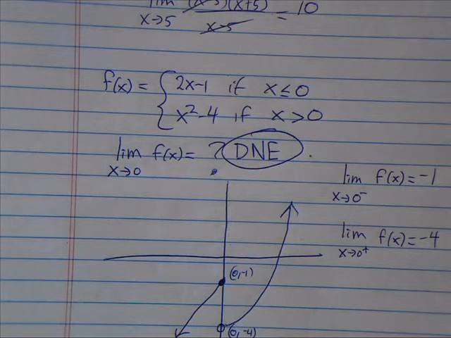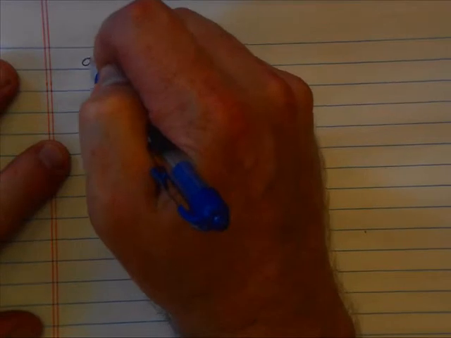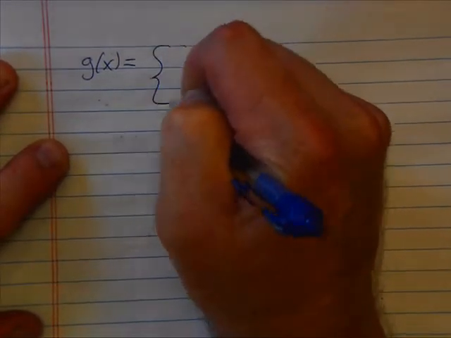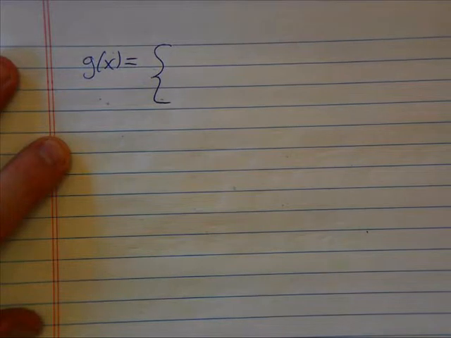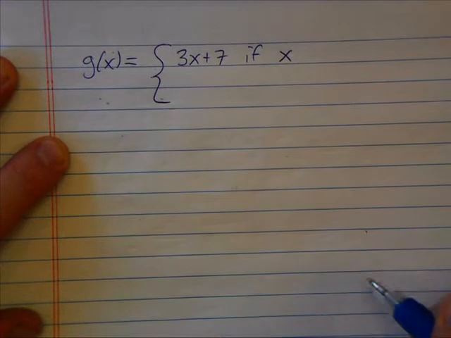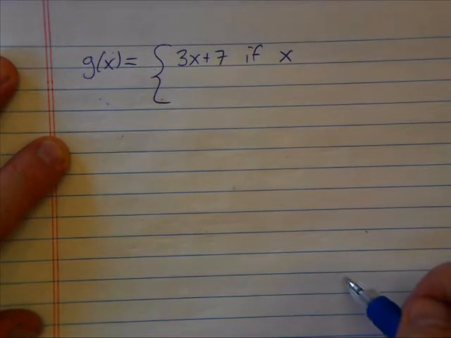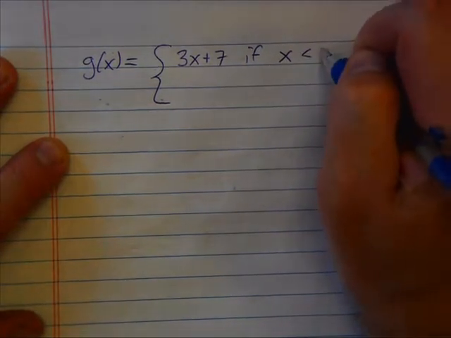All right, now here's the good news. For the most part, to answer these problems, you really don't need to draw a graph. So you're going to have something like this. G of x is... Anybody got a function they like? 3x plus 7 if x is less than, let's not use 0 again because we used 0 last time, 4.